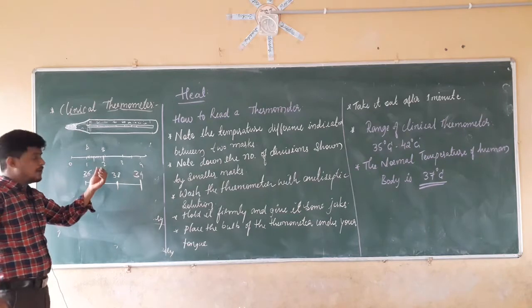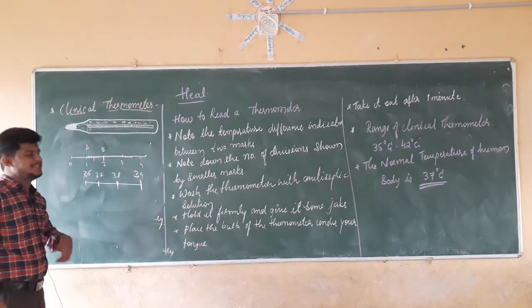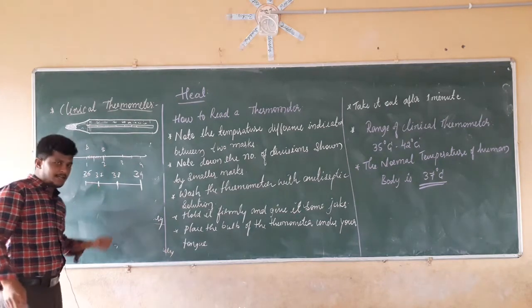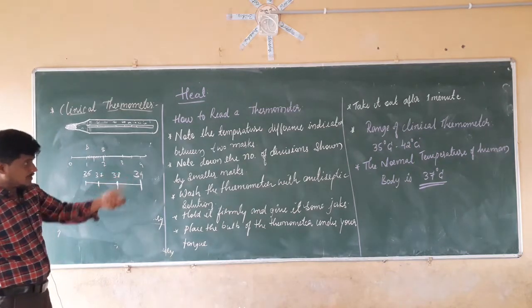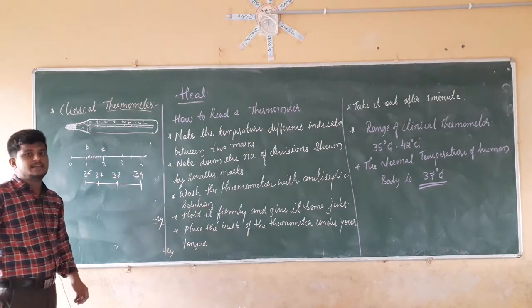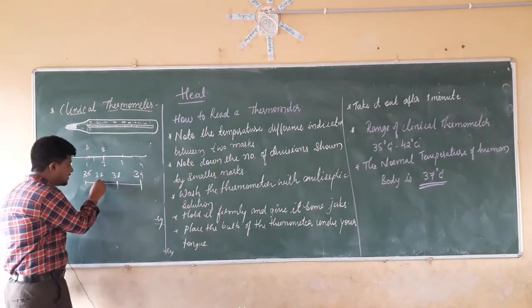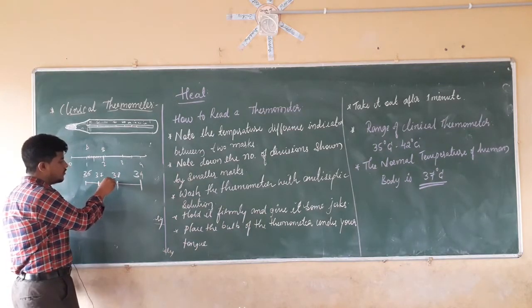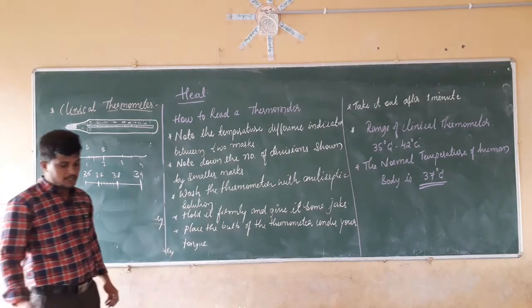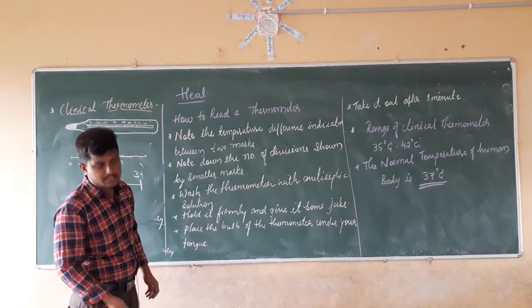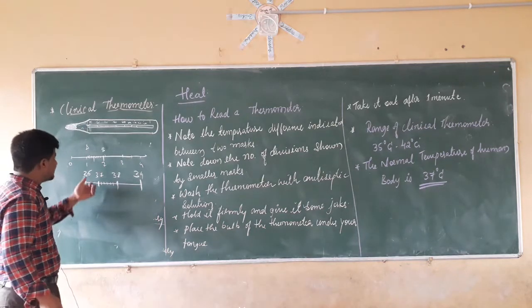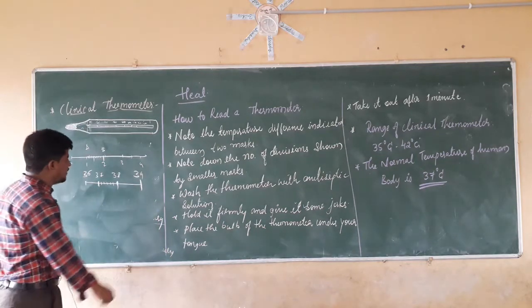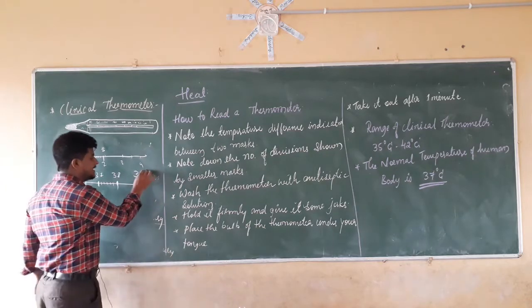In the same manner, in the clinical thermometer scale, between 2 marks there will be smaller divisions. The number of smaller divisions will be 5. And the scale present in the clinical thermometer is indicated in degrees Celsius.